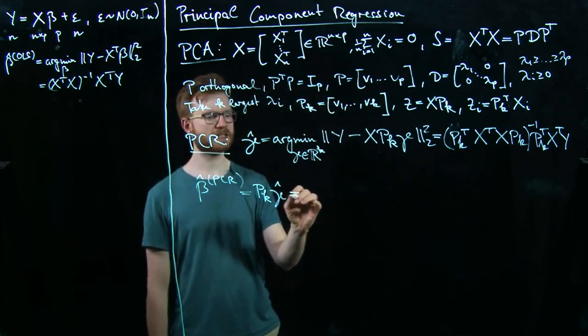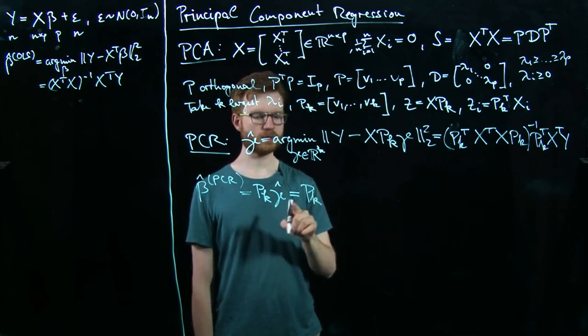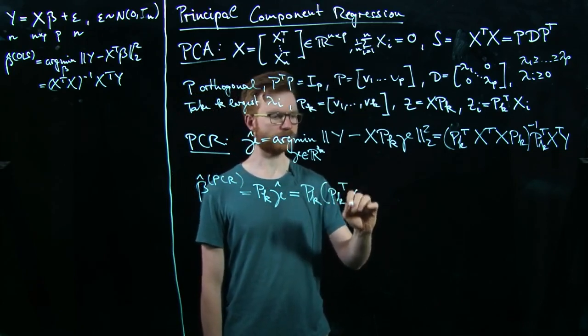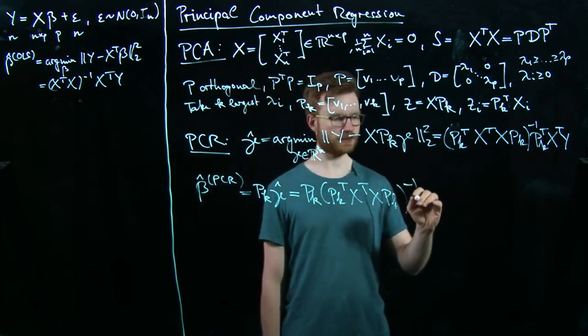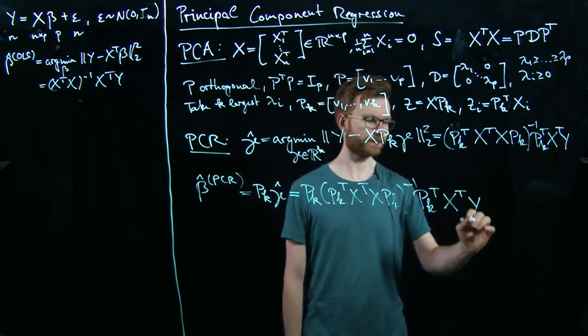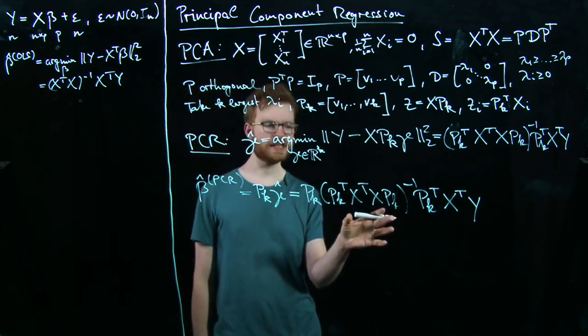And I can plug in the same calculation here. It's going to be (P_k^T X^T X P_k)^{-1} P_k^T X^T y. Now, look at the matrix I'm inverting here.